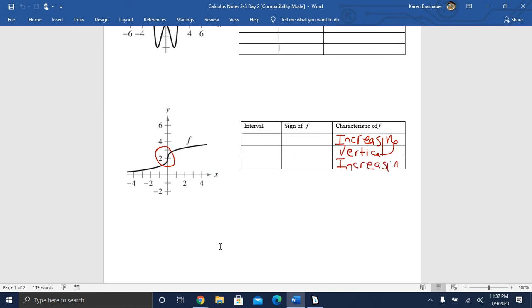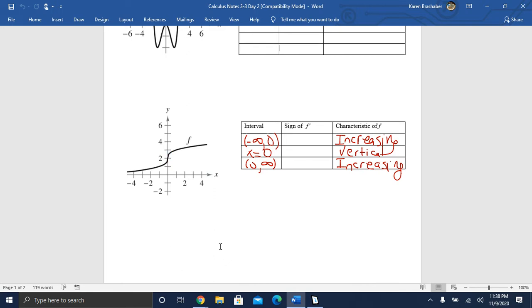So as I think about my intervals, I'm going from negative infinity to the y-axis, 0. And then at 0, I see this vertical looking part of the graph. And then from 0 to infinity, I see the rest of my interval.